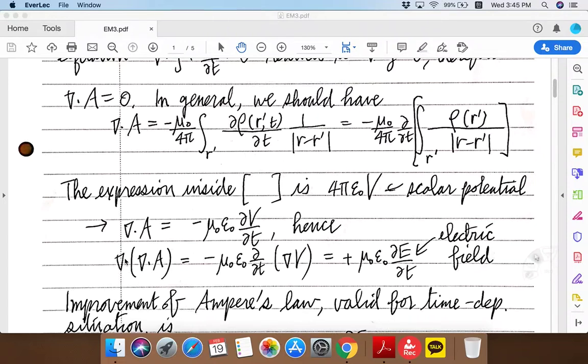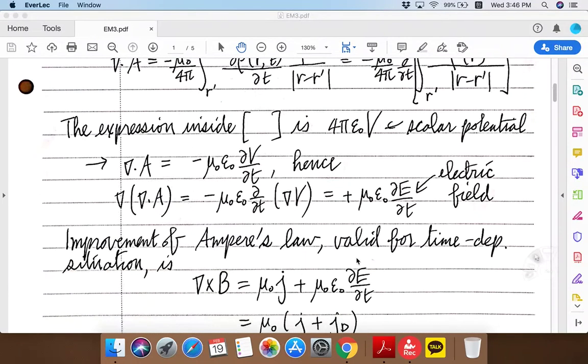And if you take the gradient of this quantity further, then obviously the operations of time derivative and space derivative can be interchanged. So this expression ends up being equal to the time derivative of the electric field, multiplied by some constant.